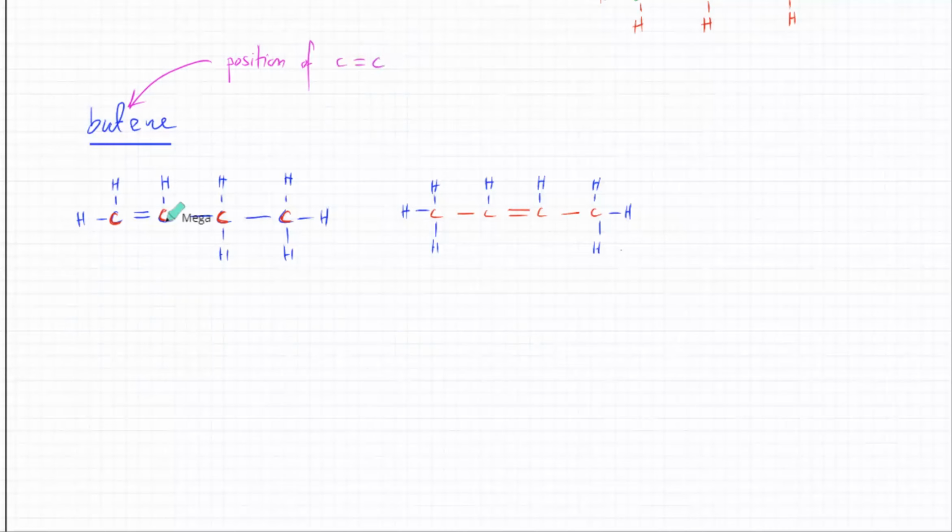So for example, this one is bute, 4 carbon atoms. Ene, it's an alkene, but you're going to add 1 to it. That would indicate that this is bute 1-ene. Why? Because the double bond is at position number, it's on the first carbon atom. And over here, the double bond is at the second carbon atom. So this one is going to be called bute 2-ene.